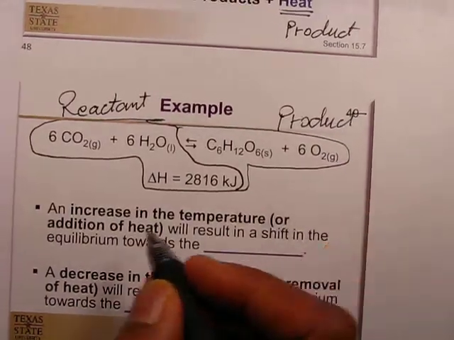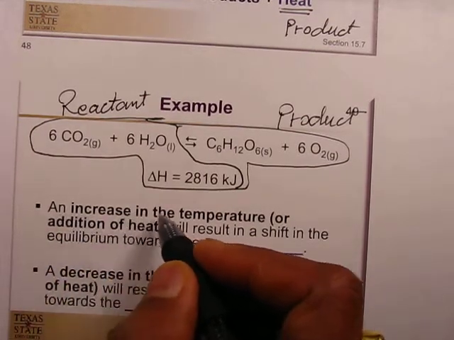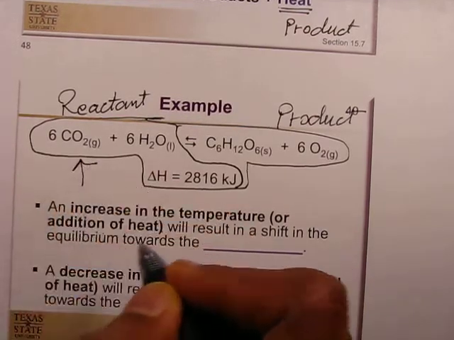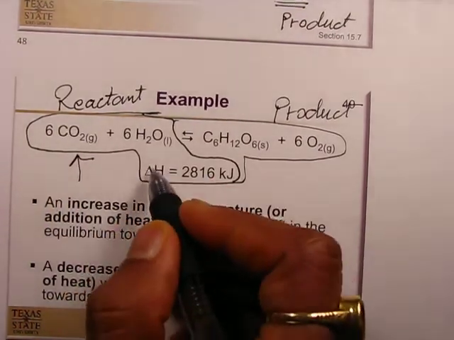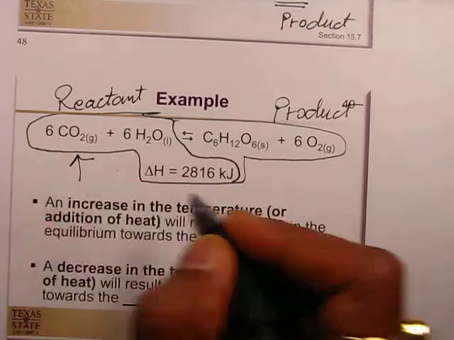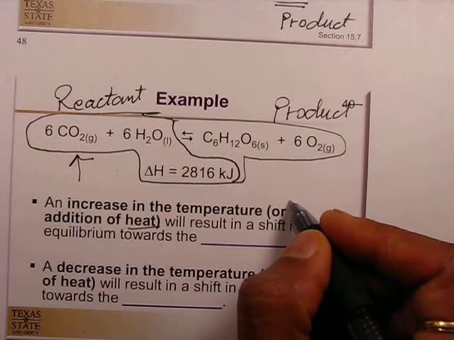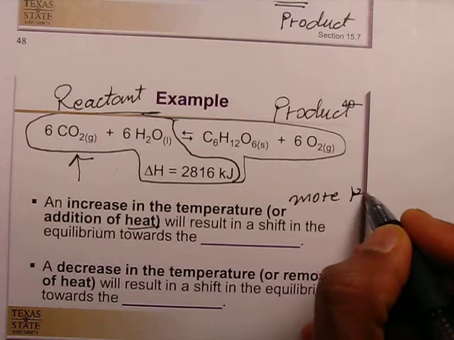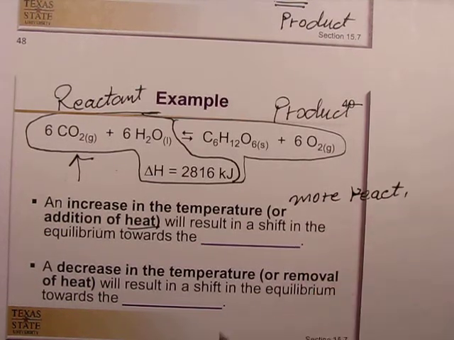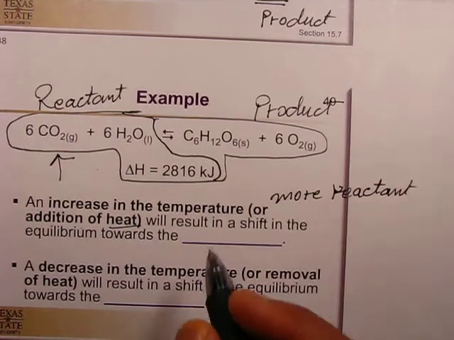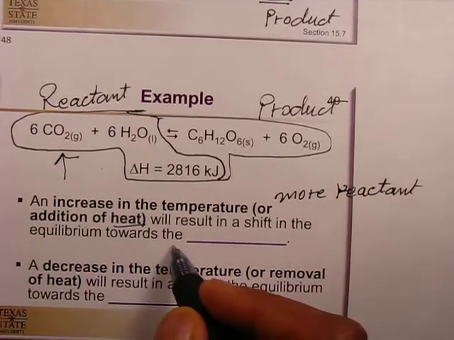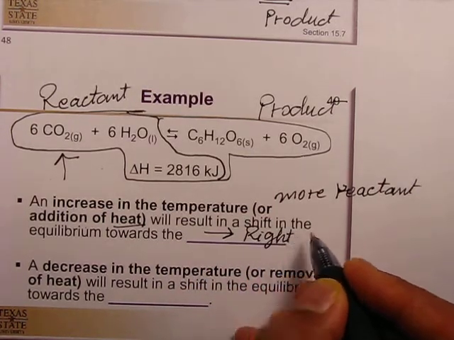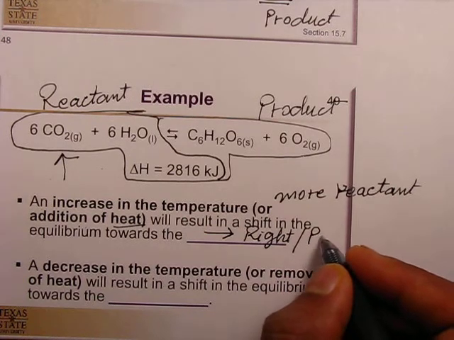So what will happen with an increase in temperature or addition of heat? Basically we are adding more reactant, right? Heat is considered as a reactant, so we have more reactant, and this will result in a shift in the equilibrium toward the right side, so more product will form.